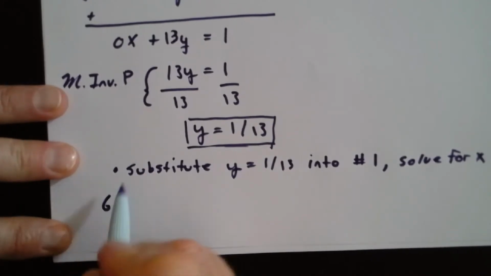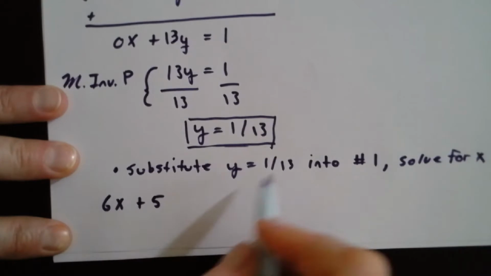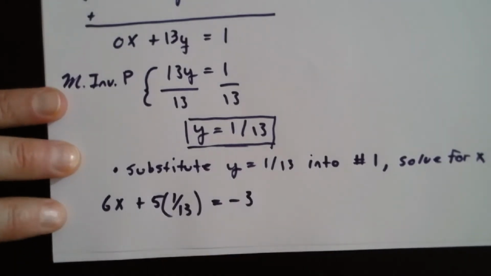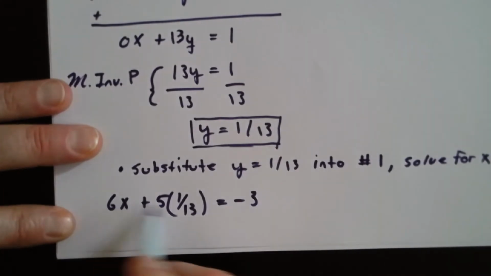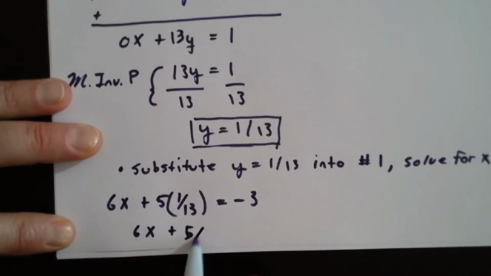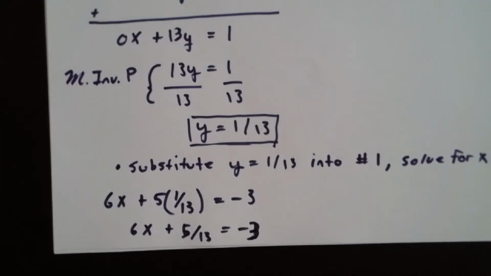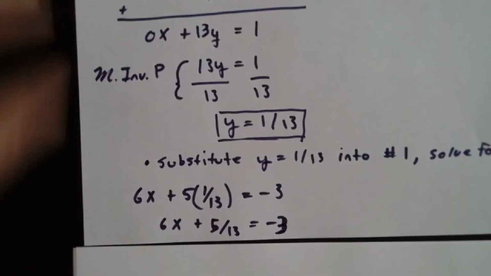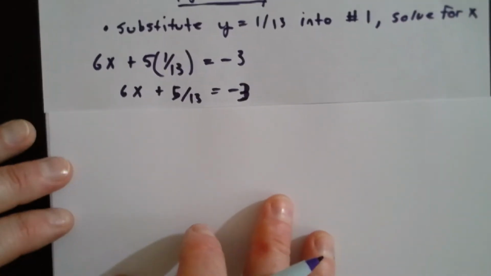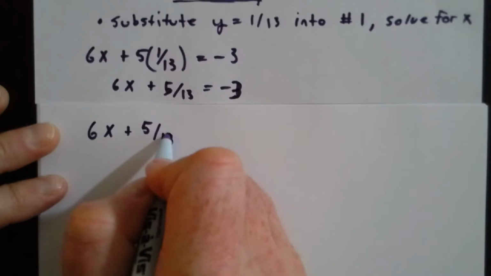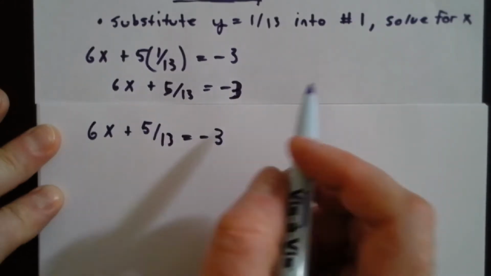And so we have 6x plus 5/13 is equal to -3.